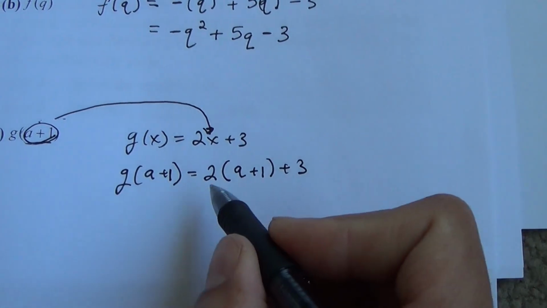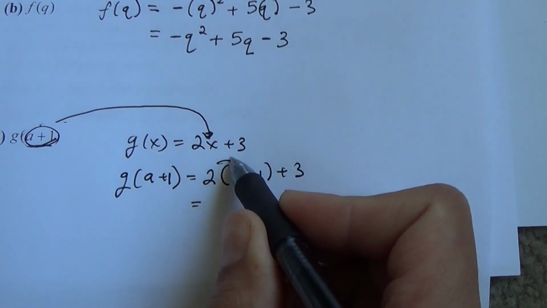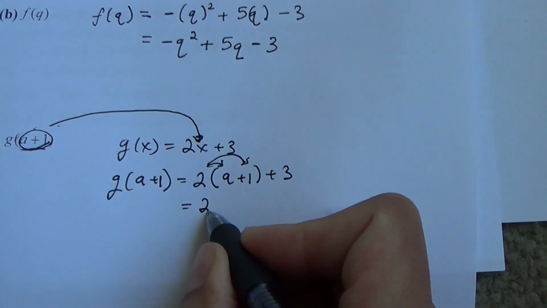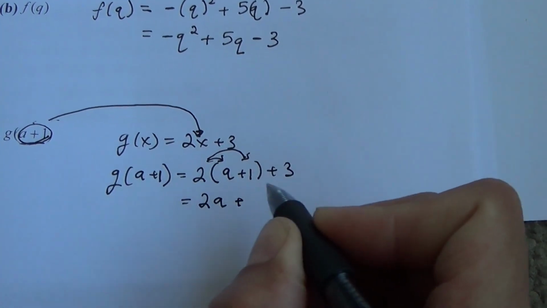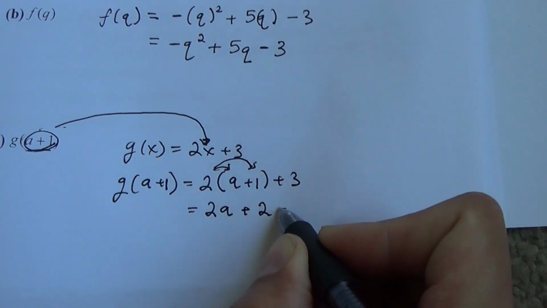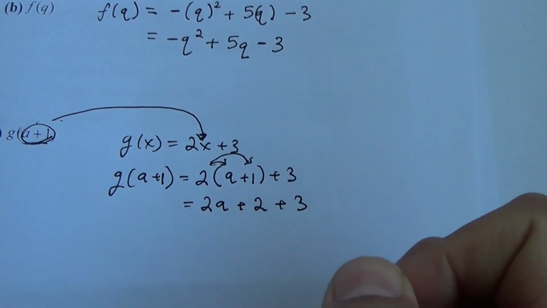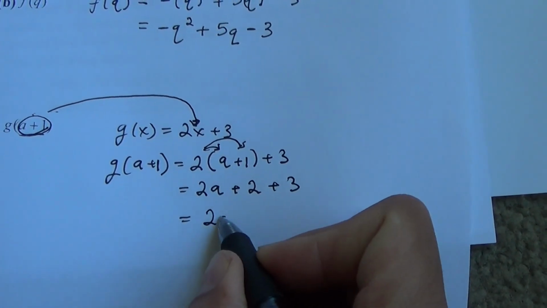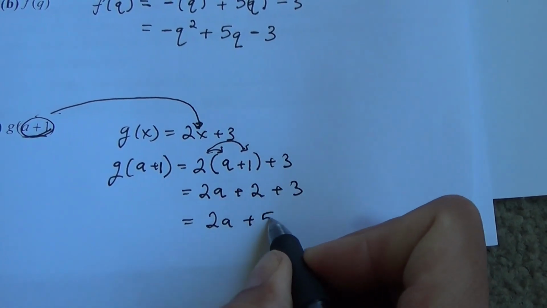Now we need to simplify by distributing the 2. So I have 2a plus 2 plus 3. We're going to collect like terms. So we have 2a plus 5.